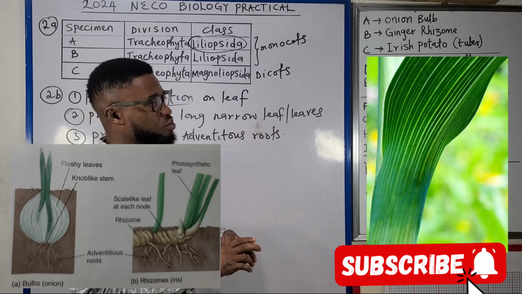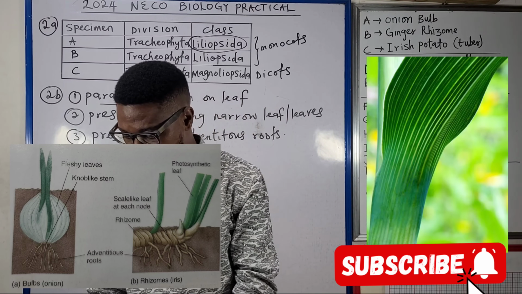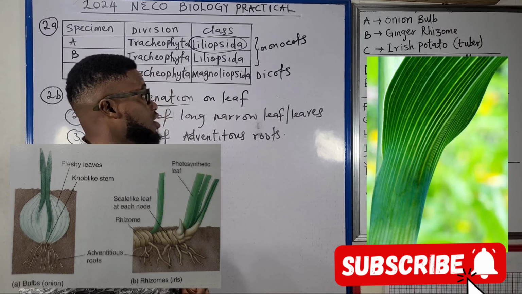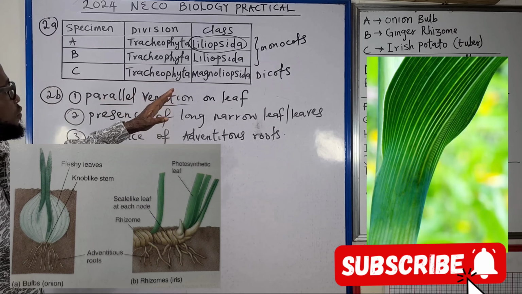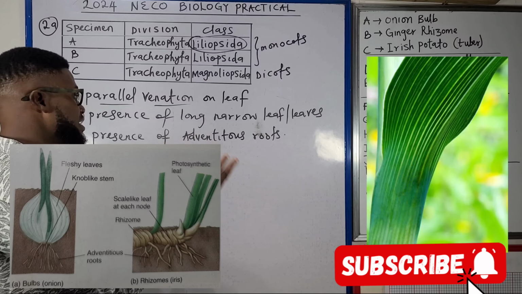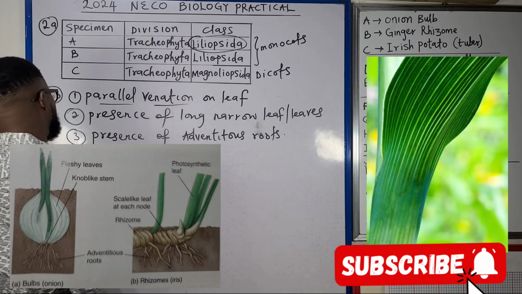Recall that A is onion bulb. On the shoots and the leaf that you have, it has parallel venation. And then also, you can say presence of long, narrow leaves. These are features of the class Liliopsida.